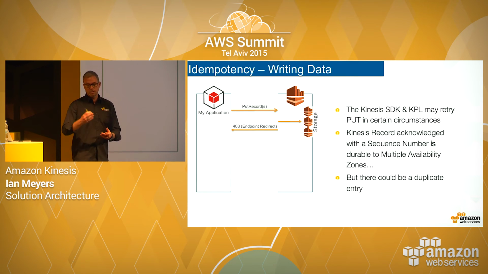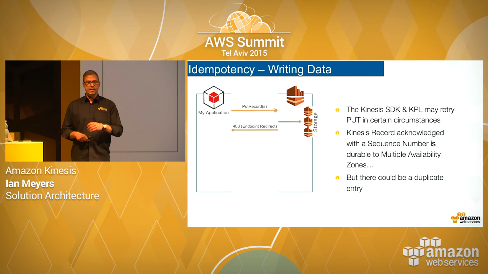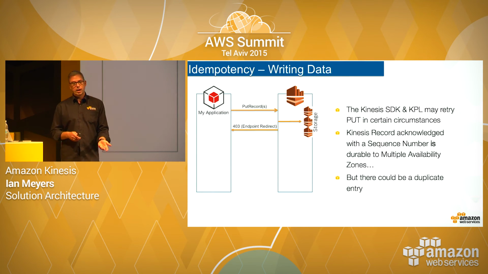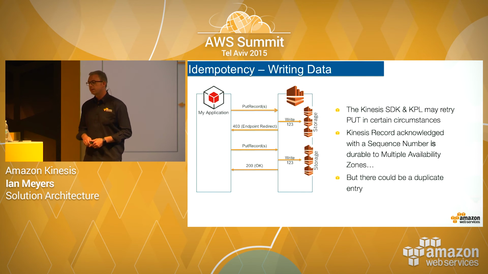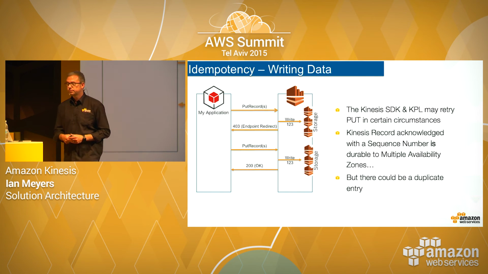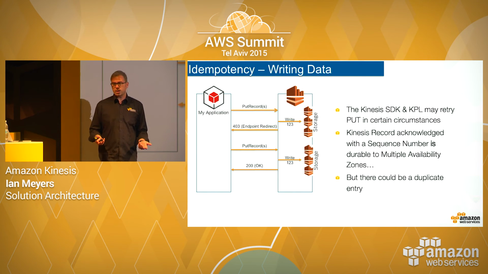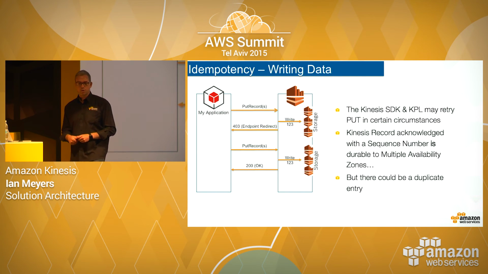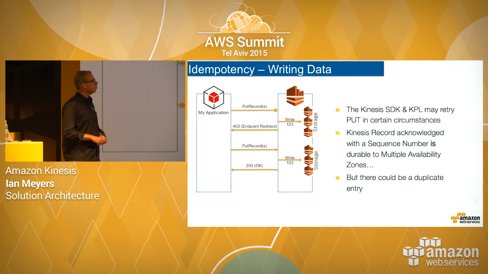For instance, they correctly write to one storage node, they get an acknowledgement from another storage node, but then they get a failure. And the client interprets that as a redirect and will retry that event. This is just something that's built into our SDK. We handle a lot of retry events automatically so that you don't have to worry about them. And Kinesis producers are no different.